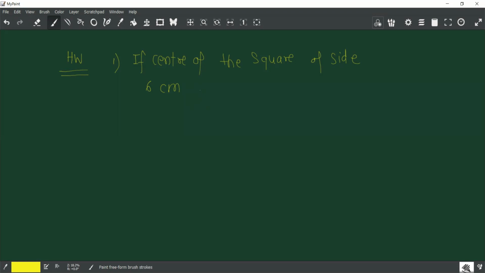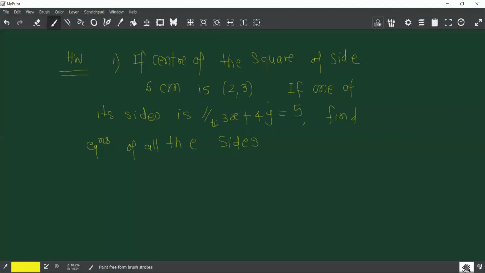If the center of the square of side 6 centimeters is 2, 3, if one of its sides is parallel to 3x plus 4y is equal to 5, find equations of all the sides.